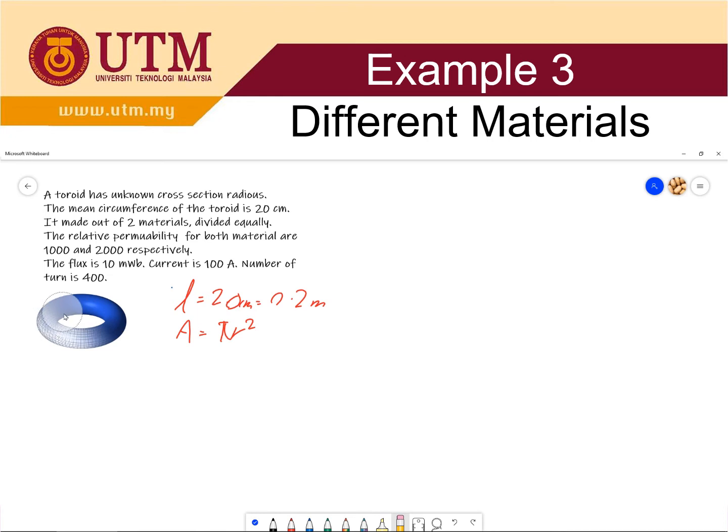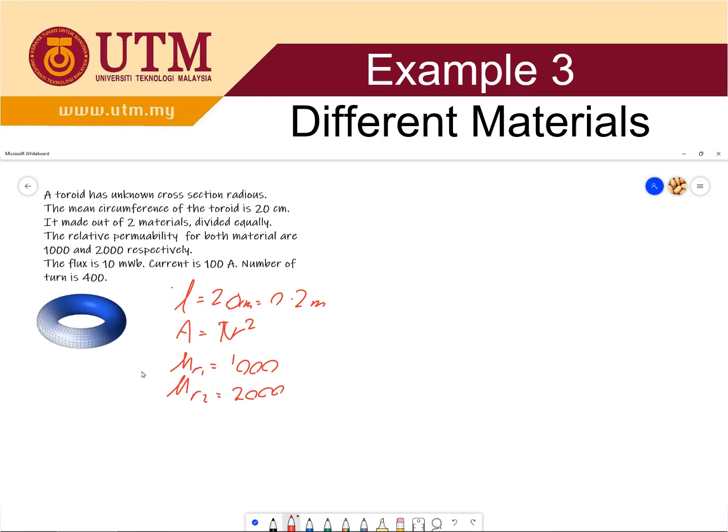Let me erase this first. And then the relative permeability for both materials: mu r1 is 1000, mu r2 is 2000. You have two materials, so you have two mu. Make sure you understand this.